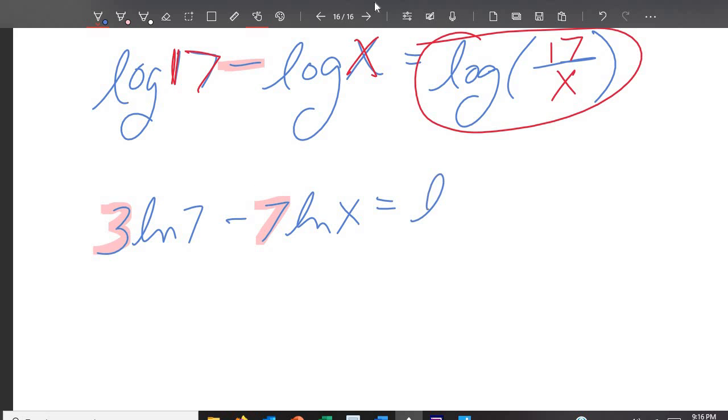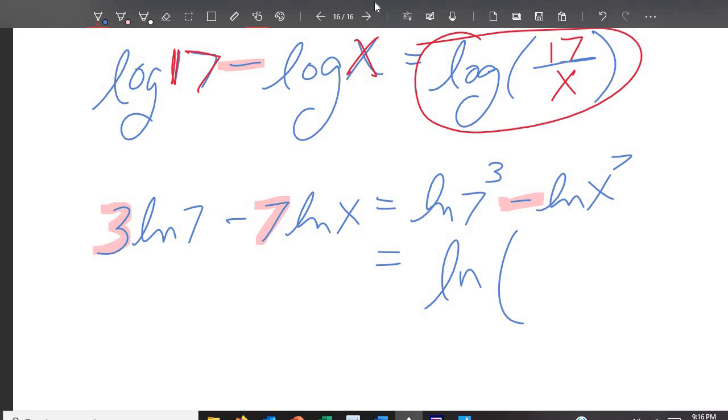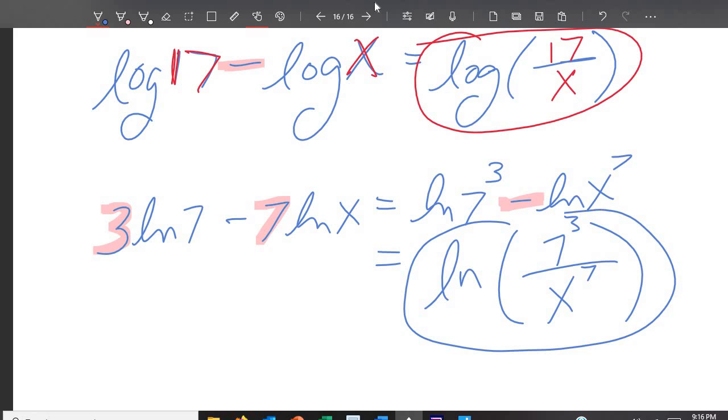So we're going to put the 3 back with the 7, put the 7 back with the x. Alright. It's a subtraction, so now we're going to turn this back into a division problem. The 7 cubed goes first in the top, the bottom is the x to the 7. This is the final answer.